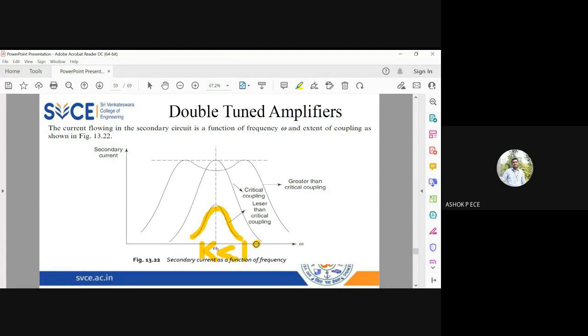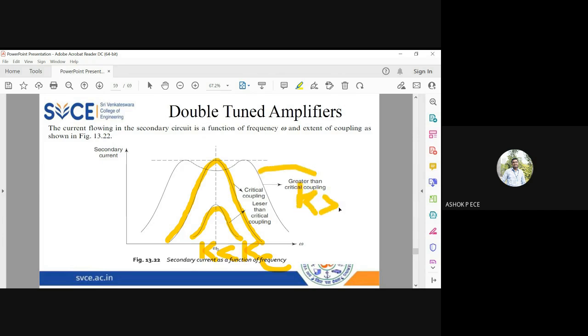When K is less than Kc, this is the response you get, which is the response of a normal tuned amplifier. At exactly the critical coupling, when K is equal to Kc, the current is maximum. The last case is K greater than Kc.